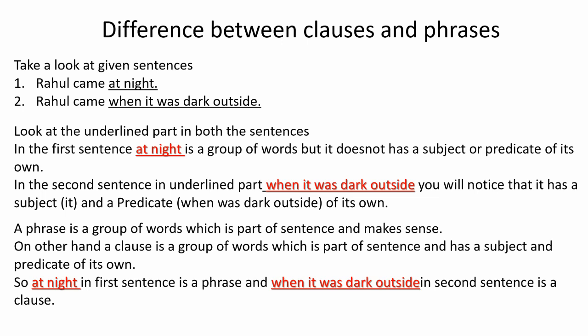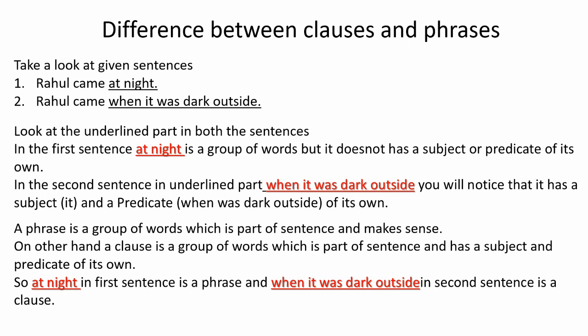Look at the underlined part in both sentences. In the first sentence, at night is a group of words, but it does not have a subject or predicate of its own, though it makes sense. In the second sentence, when it was dark outside has a subject, which is it, and a predicate, was dark outside, of its own.